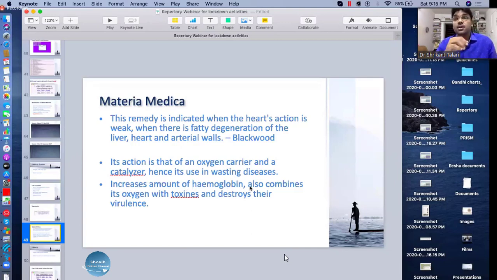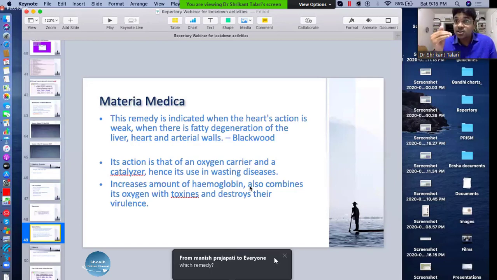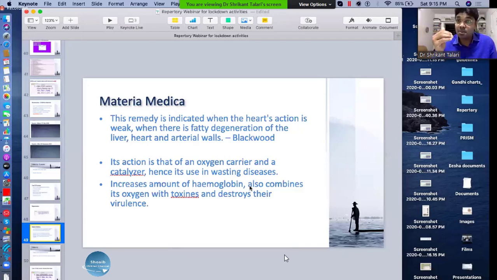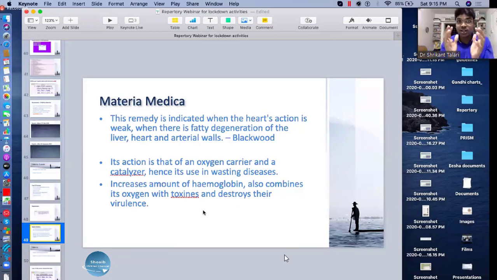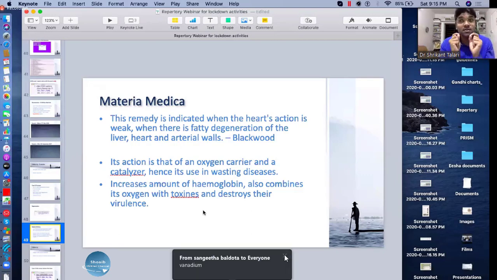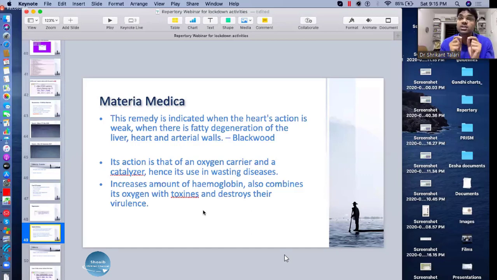Another important symptom that I forgot to mention was the patient's hemoglobin was dropping daily. In fact, when I met her, it was around 8. When she got admitted, it was around 12. So it increases the hemoglobin. So you see, once you know the general and somehow find a way to search in the repertory how to find remedies which affect degeneration, and then you find the remedy which has the characteristic symptoms also.